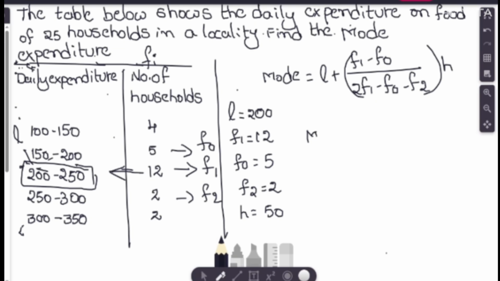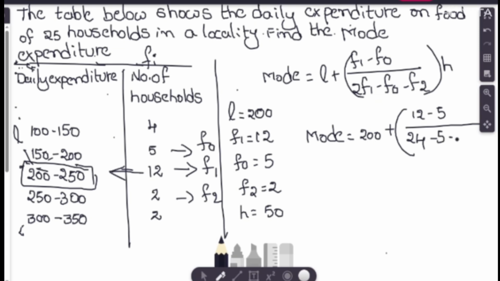Substitute in this. Mode is equal to L value 200 plus F1 minus F0, that is 12 minus 5, by 2 into F1, 2 into 12, 24. Multiply directly 2 into F1. F1 how much? 12. 2 twelves are 24, minus F0. How much is F0? 5. Minus F2.